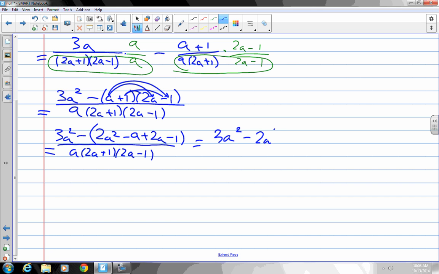Minus 2a squared plus a minus 2a plus 1. Again, I'm not messing with the denominator. And then combine like terms, we get a squared minus a plus 1, I think.